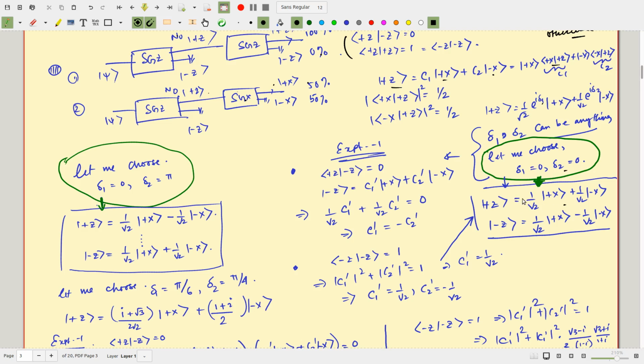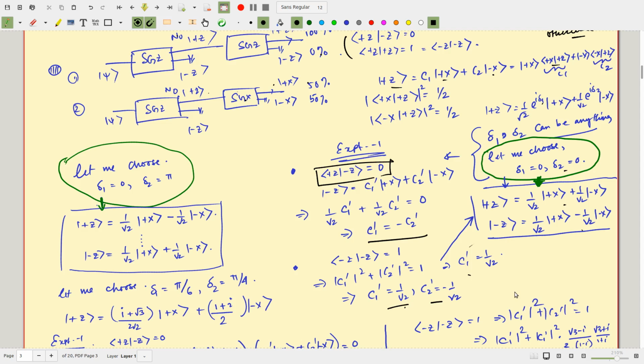Starting from this plus z, I can work out what my minus z will be by imposing the constraint that plus z and minus z are orthogonal. This gives me one condition, and the norm of minus z being equal to 1 gives me another condition. Putting together these two, I get these two numbers for the coefficients of the minus z. So, that is this.